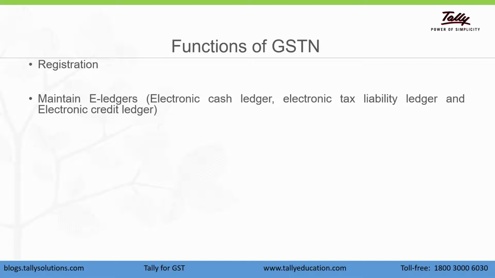The electronic cash ledger is the ledger where all payments by a taxpayer on account of tax, interest, etc. will be credited. All amounts payable by the taxpayer shall be debited to the electronic tax liability ledger, and input tax credit will be credited to the electronic credit ledger.